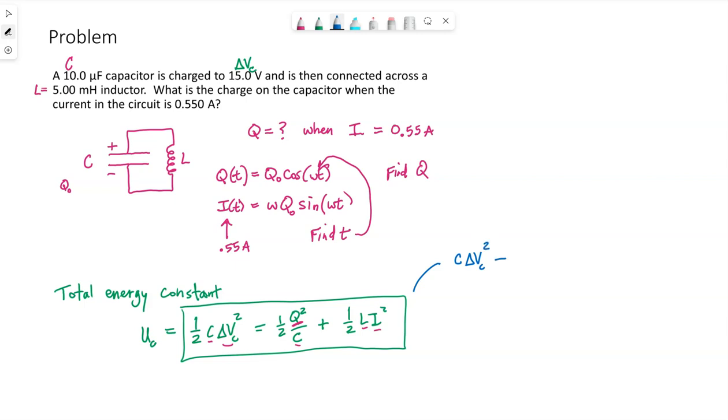I'm also going to bring the inductor term to the left side because I know those values. And then I'm going to leave my Q squared over C on the right side for just a second. It's Q that I'm looking for. So Q will be the square root. I would have to multiply the C over. I'm going to write it this way for the moment, though I can factor that through.